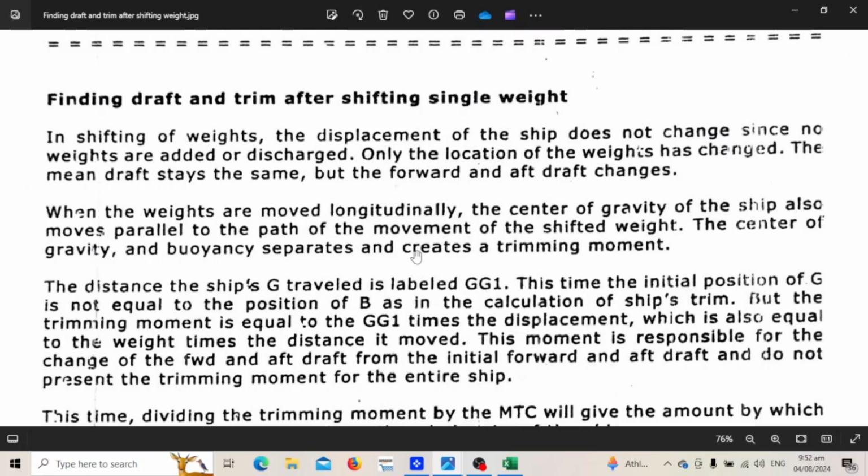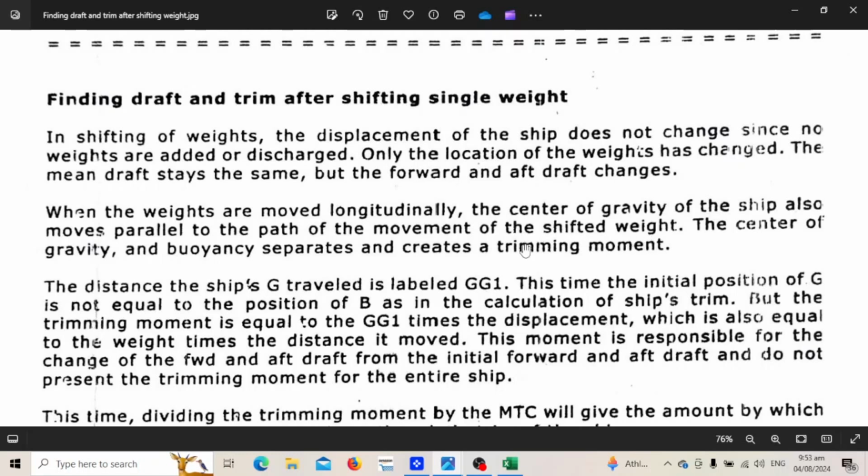When the weights are moved longitudinally, the center of gravity of the ship also moves parallel to the path of the movement of the shifted weight. The centers of gravity and buoyancy separate and create a trimming moment. So it follows that when you shift the cargoes forward or aft, the center of gravity of the ship also moves parallel to the path of the shifted cargo.